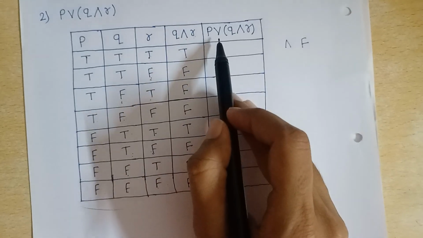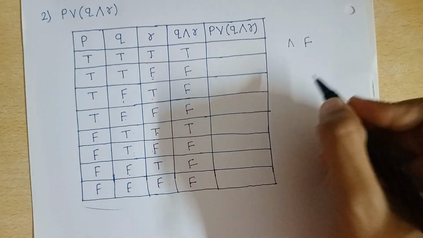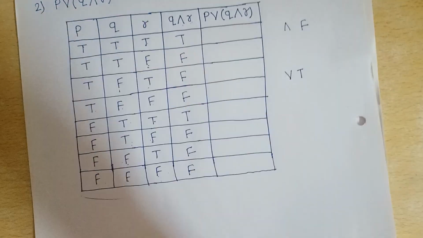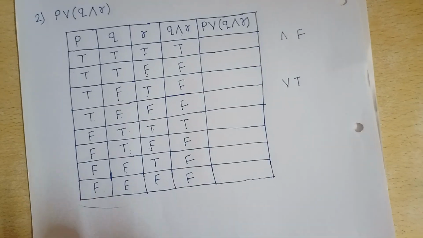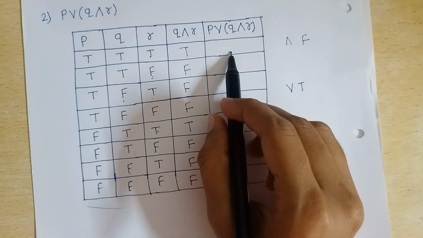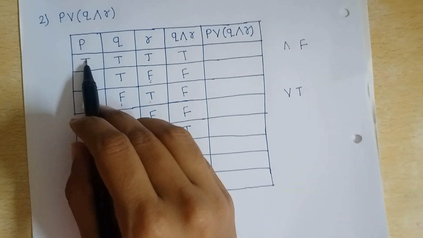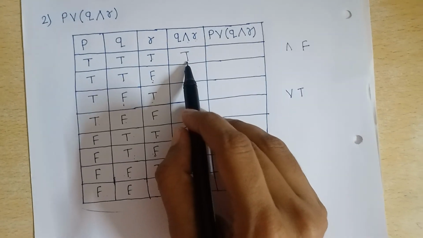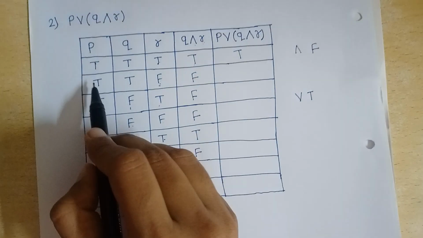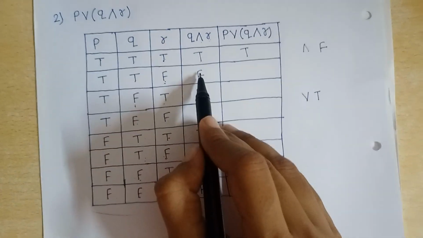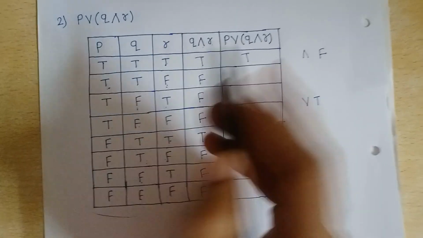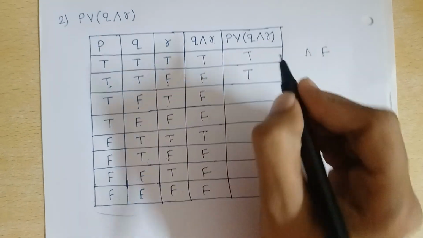Okay, and here OR is the operation present. Therefore, we always say OR is true biased. Means what? If one true is present in the combination, then the result gives a true value. Here P and this column are both true, therefore it becomes true. See, first and fourth, one true is present, therefore value becomes true.